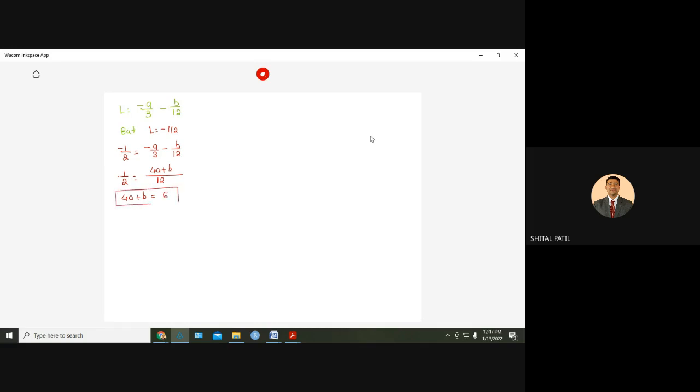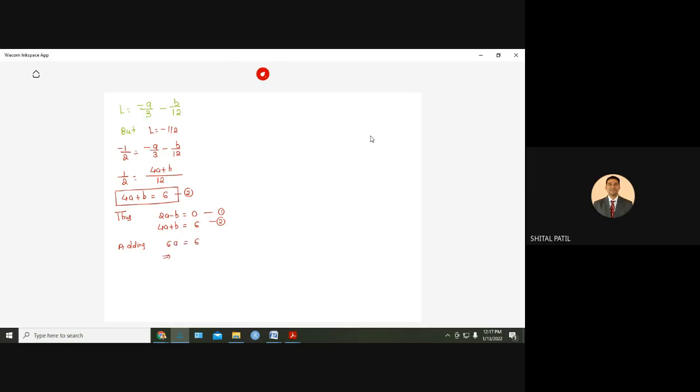Already we have one equation. This is the second equation. 2a minus b equal to 0, that we know from the previous page. And 4a plus b equal to 6. Equation number 1 and equation number 2. Just add them. Adding, 6a equal to 6.